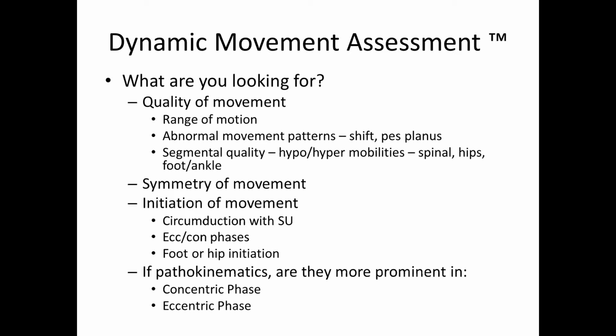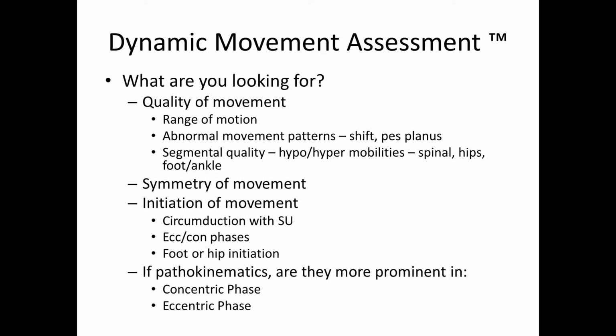So what are we looking for? We're looking for the quality of the movement, range of motion, whether it's an abnormal pattern, whether it's a shift, pes planus, adduction towards midline, etc. And we're looking for segmental quality, whether there's hypomobility at the spine, at the hips, at the foot, and the ankle. We're looking for symmetry of the movement.